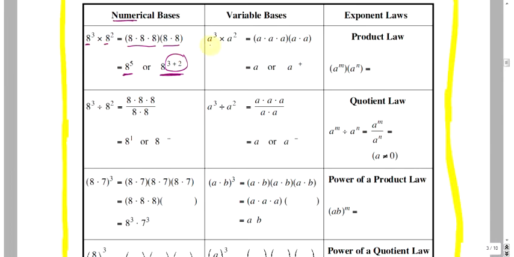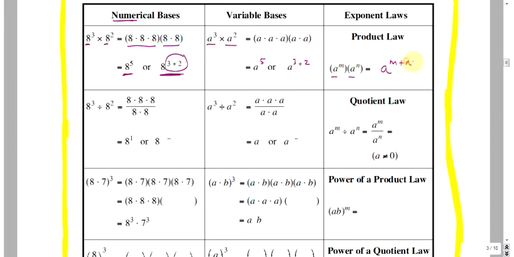I don't care if it's numbers or letters. If you're multiplying with the same base, what is 3 plus 2? 5. Okay? A cubed times a squared is a to the 5th power. I don't care what m and n are. I don't care what a is. If you multiply with the same base, what do you do with your exponents?